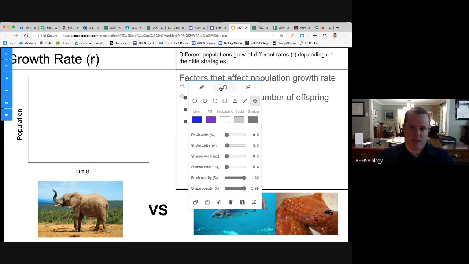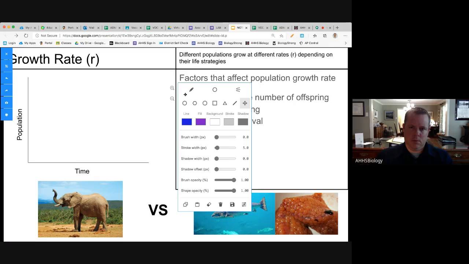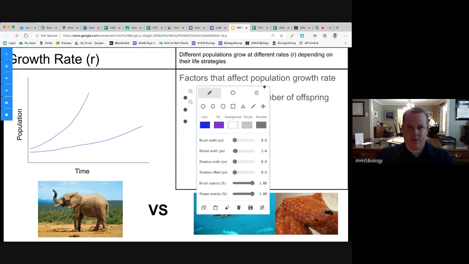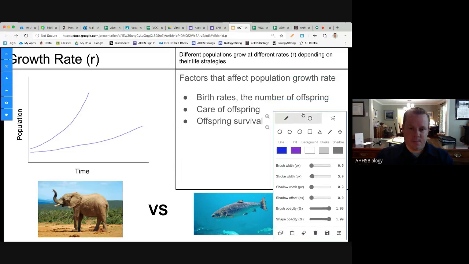So it would be something like this right here, and then this right there. One of those lines is going to be represented by the salmon, and one of those lines would be represented by the elephant.